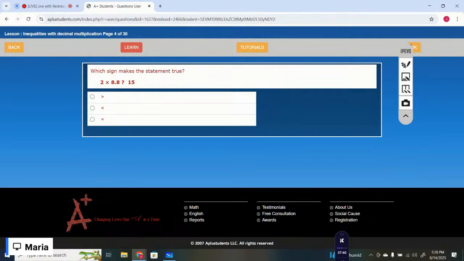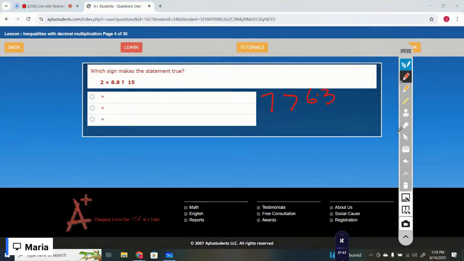2 times 8.8 and you have to compare it to 15. So 2 times 8 is 16.